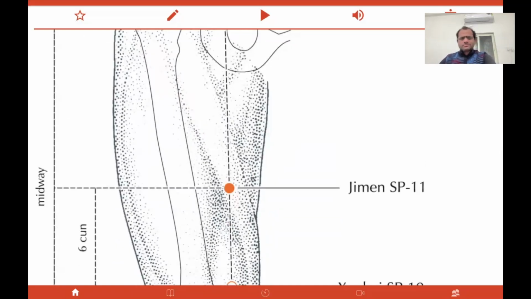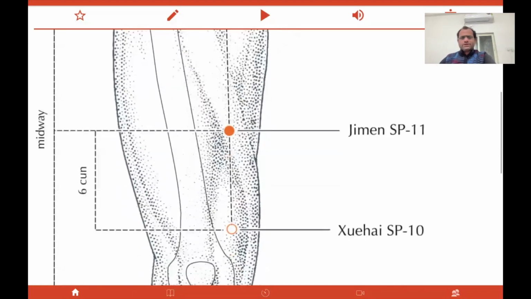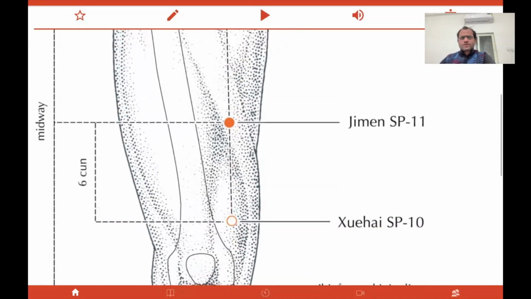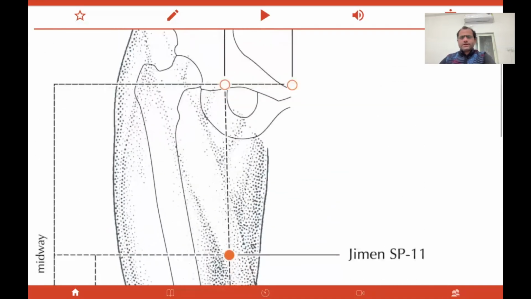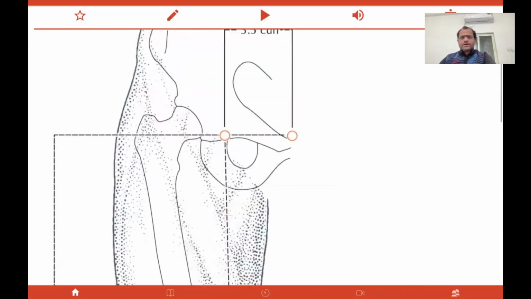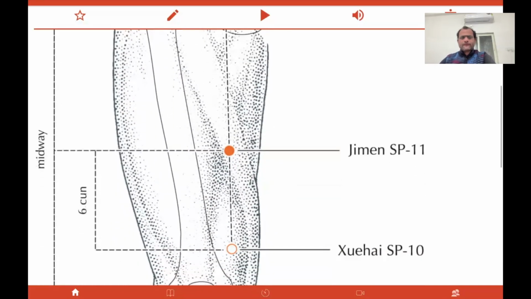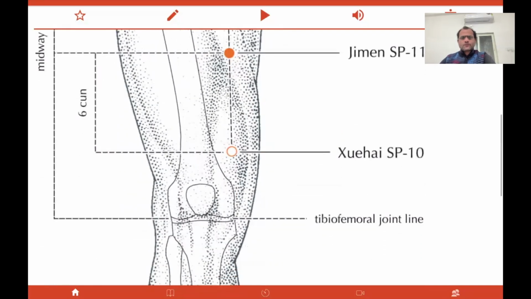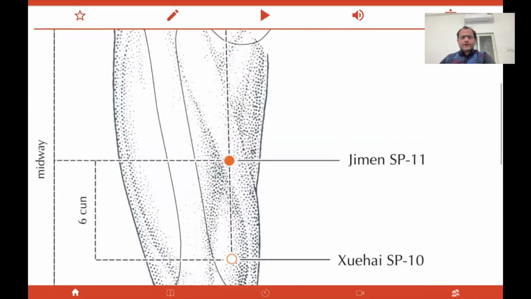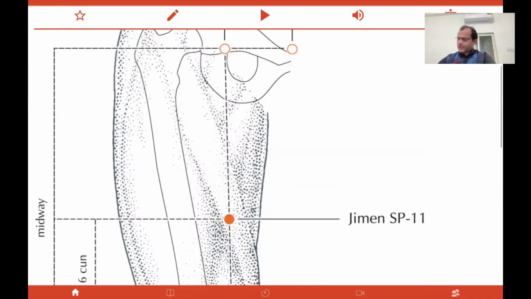Okay, we can check. It is located in the leg region. ये हमारे leg region में available होता है spleen 11. तो देखिए spleen 11 को नापने का तरीका क्या है. देखिए बड़ा ही आसान सा तरीका है.